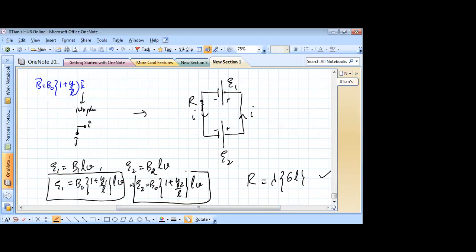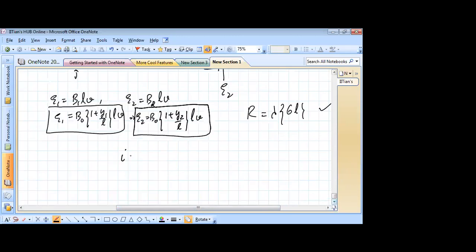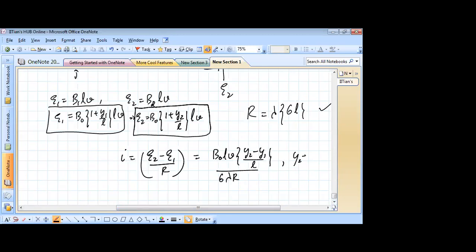So this current I will become (E2 minus E1) upon R. So it will become B naught L v into (y2 minus y1) by L, divided by 6 lambda L. Now you can see that y2 minus y1 is 2L.